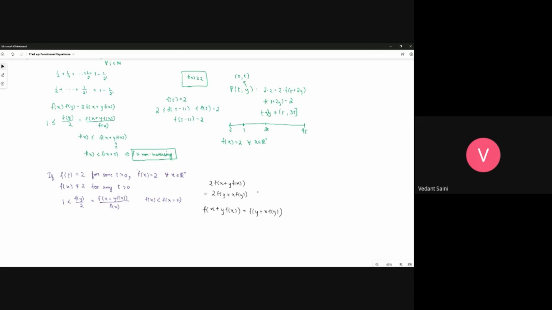But f is strictly increasing. Oh, sorry, this is not decreasing. f is strictly increasing.